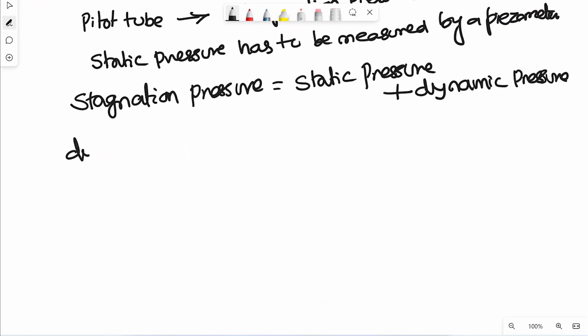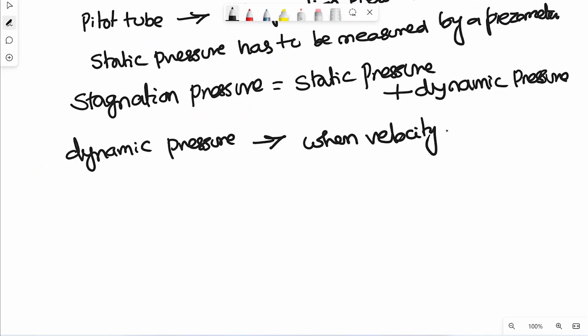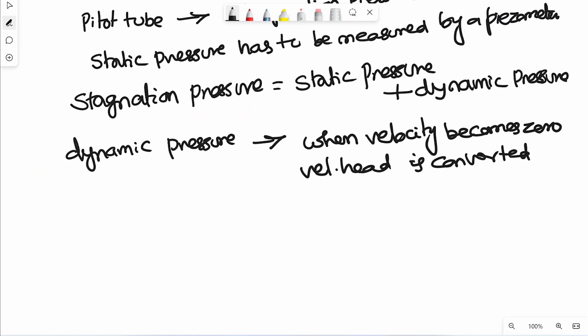Now, dynamic pressure comes from when velocity becomes zero, velocity head is converted into pressure head, right?